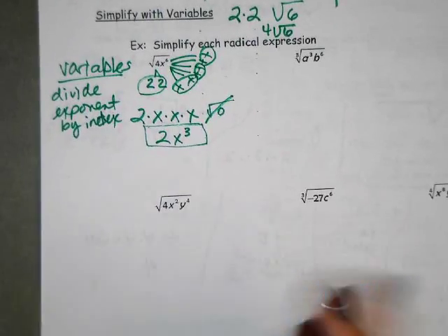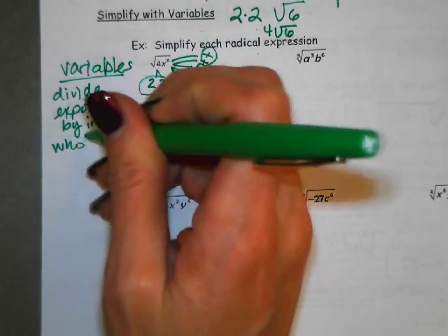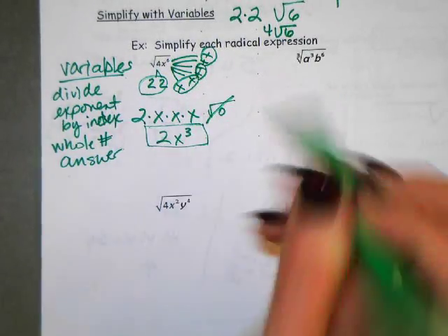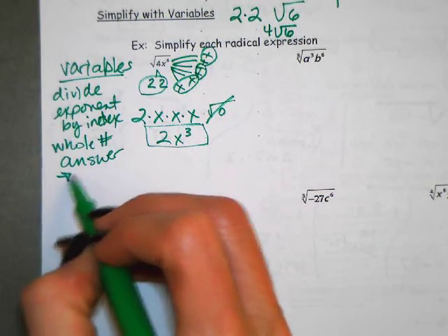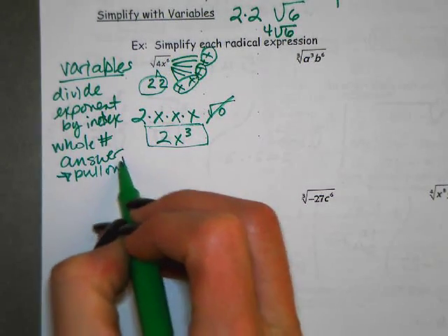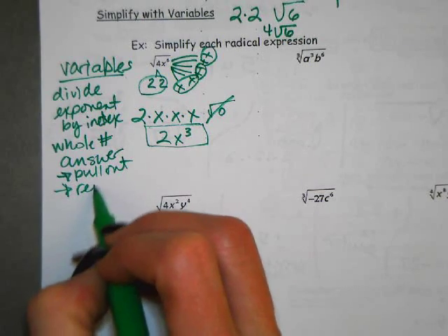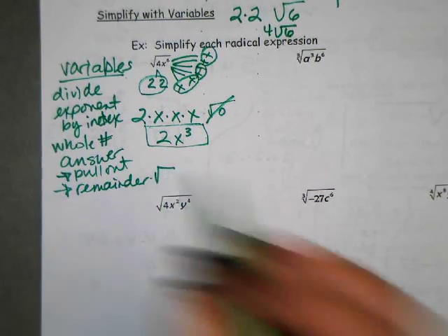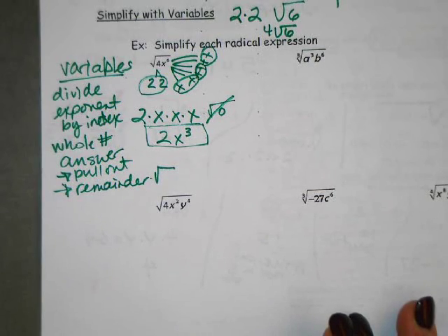The whole number answer is what you pull out. Your remainder is what's underneath the radical sign.